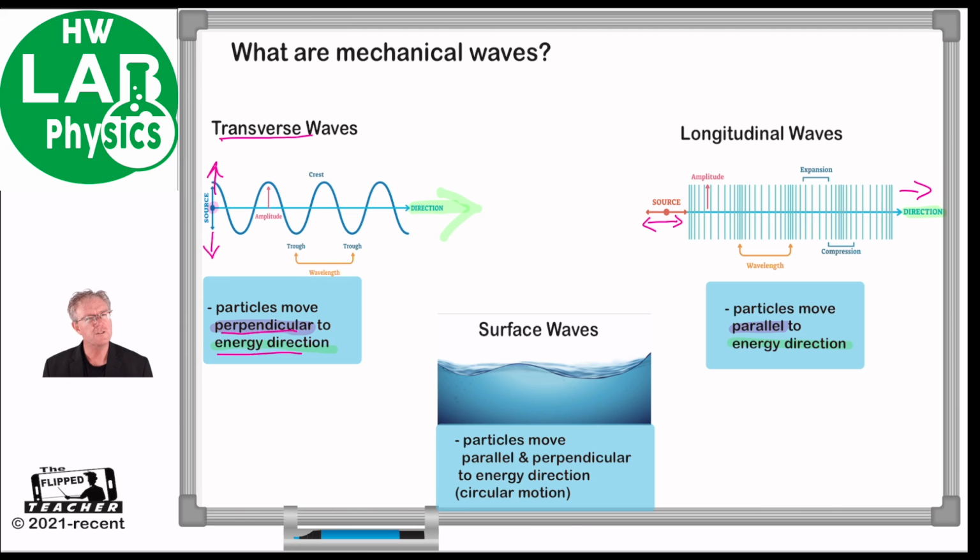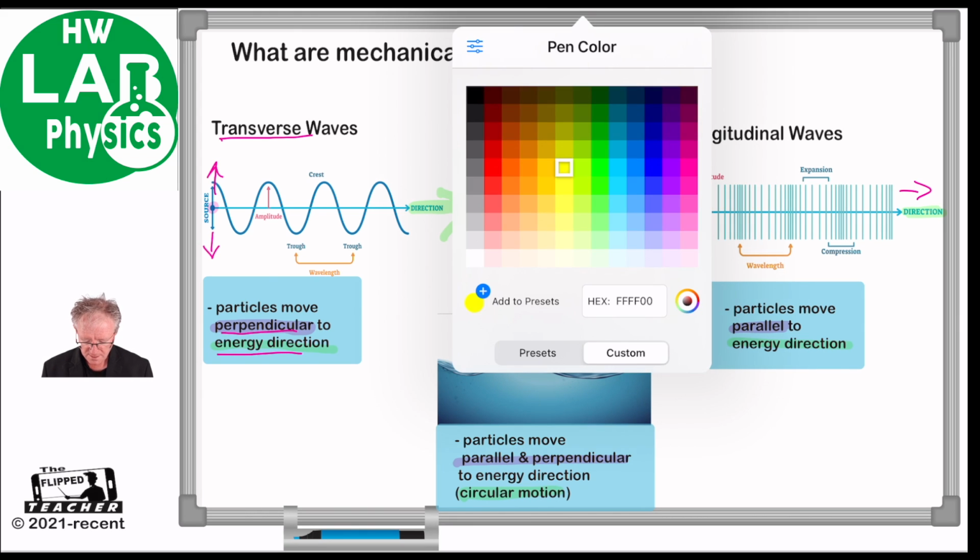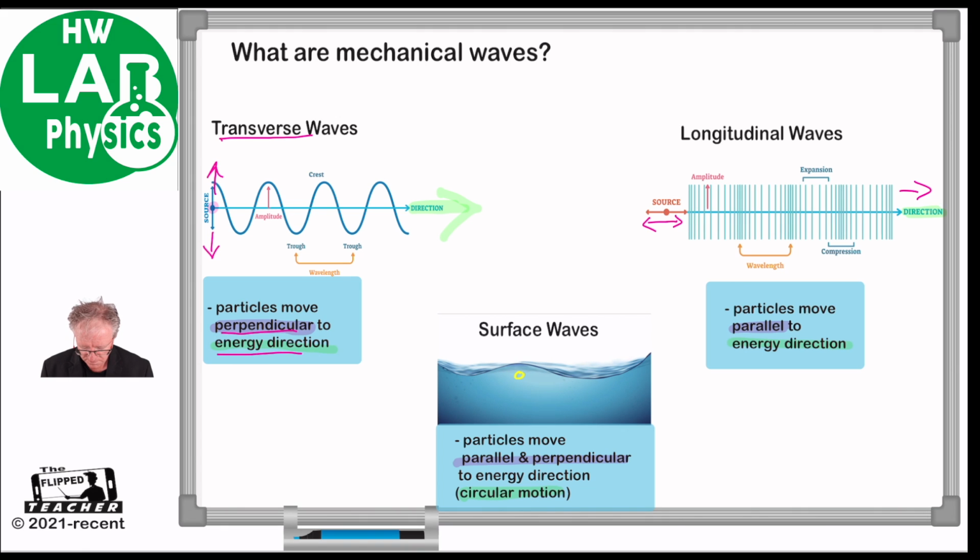And then we have surface waves, which are a combination of those two motions. So if we highlight again, that particles move parallel and perpendicular, and that produces a motion which is circular motion, and that is with water particles, and we saw that in that animation there. I'm just going to change to yellow here, and that means that if I have a particle in the water there, then that particle is pretty much going to be moving in a circular fashion, right?